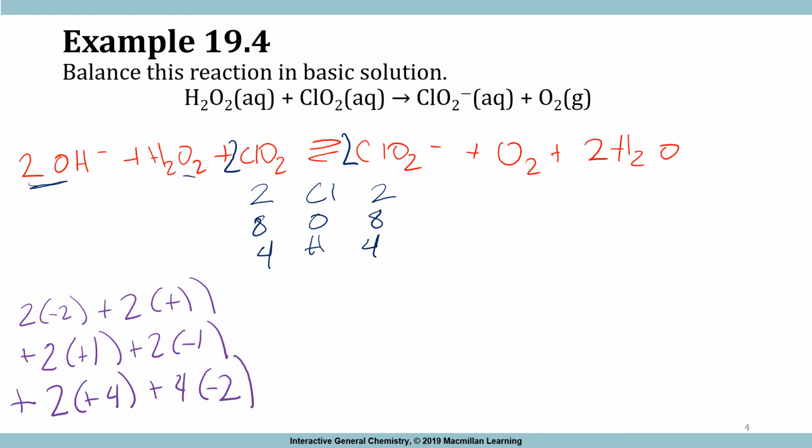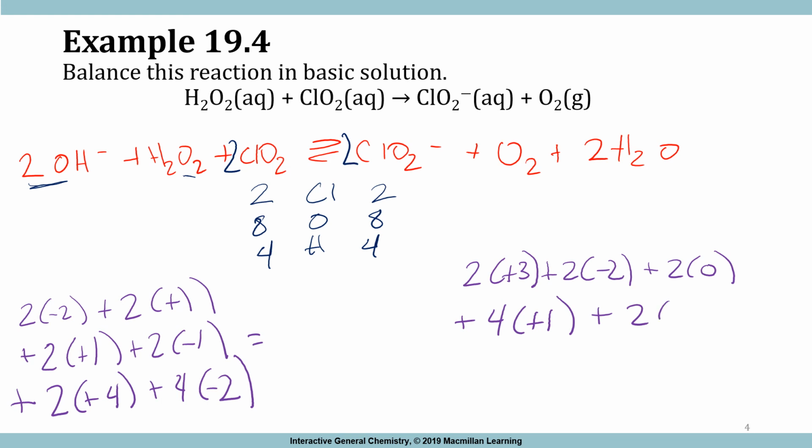All right, got to figure that one out. And on the right-hand side, we have 2 times plus 3 plus 2 times minus 2 plus 2 times 0 plus 4 times plus 1 plus 2 times minus 2.